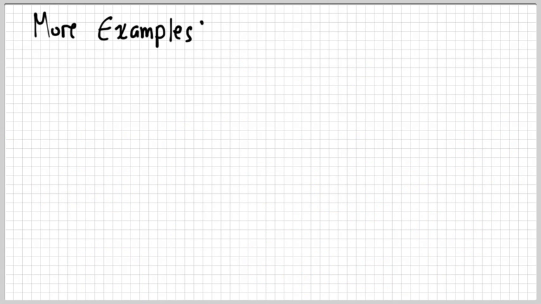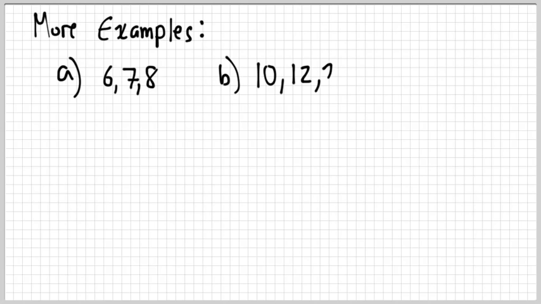Okay, more examples. And this is more often how you see these problems given. They just give you three numbers, and these would be the three sides of a triangle. Maybe two of them are the same, or maybe they're all the same.